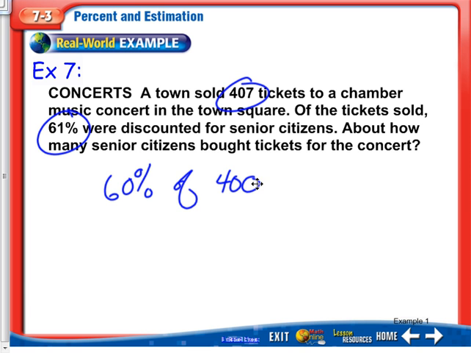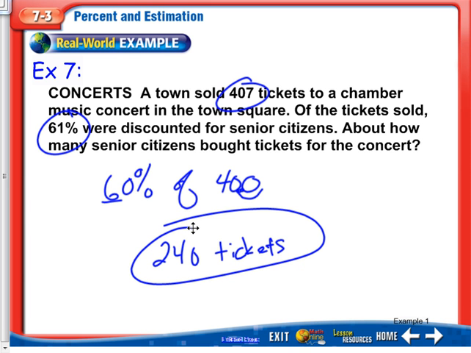So again, if we find 10% of 400, move the decimal one spot to the left, and then we're going to do 6 times 40, so that would be 240 tickets. Alright, so that's a good estimate there for 61% of 407 is about, you always want to say about for estimate problems, about 240 tickets.